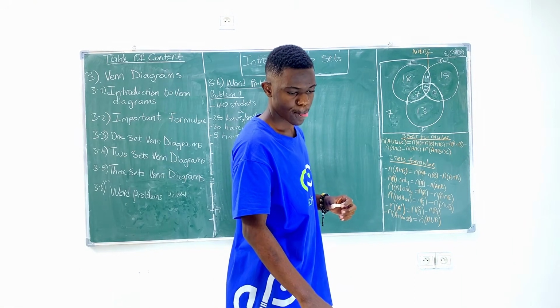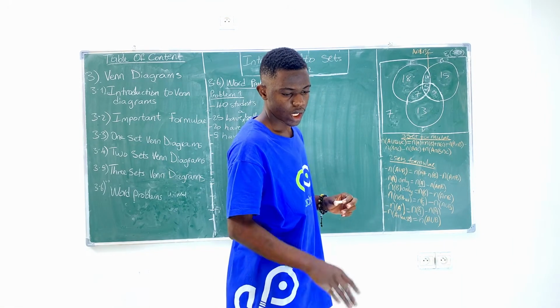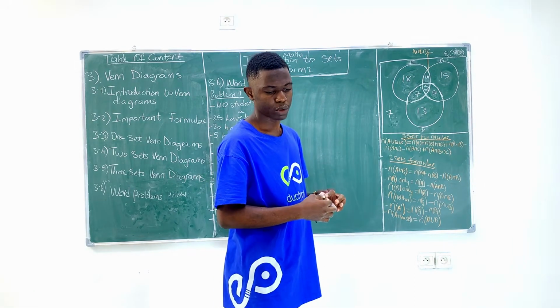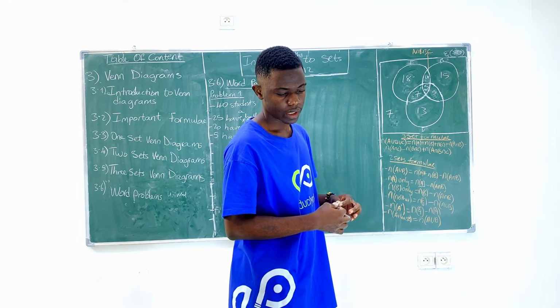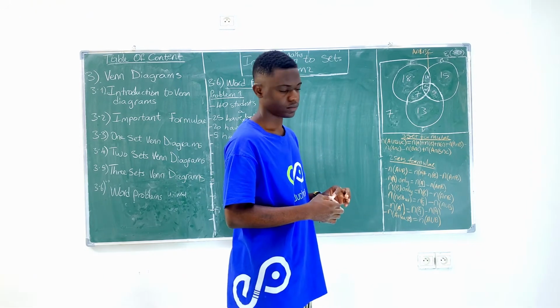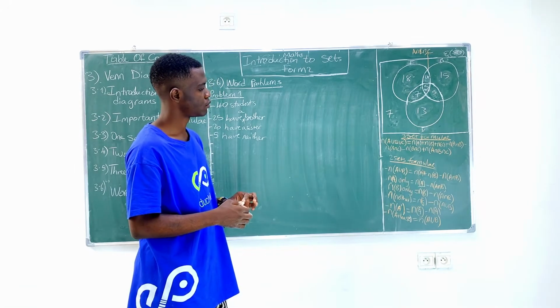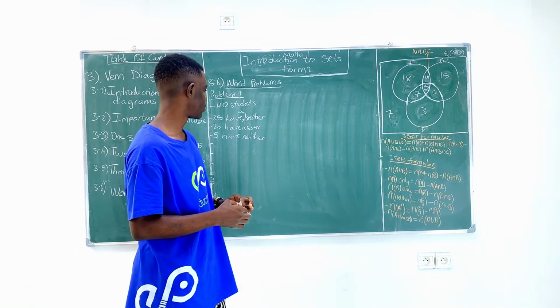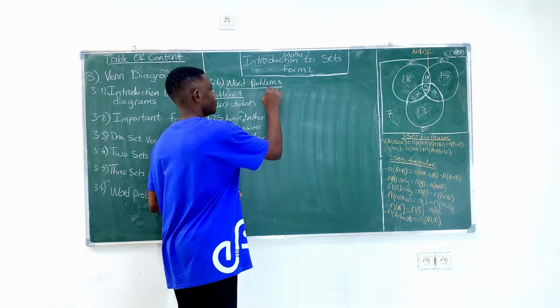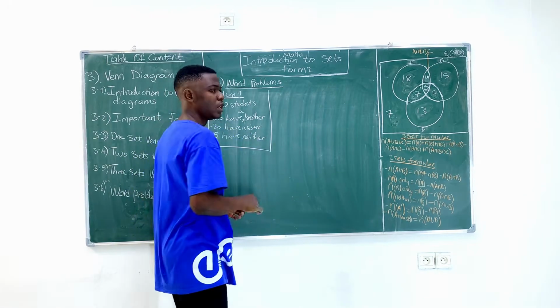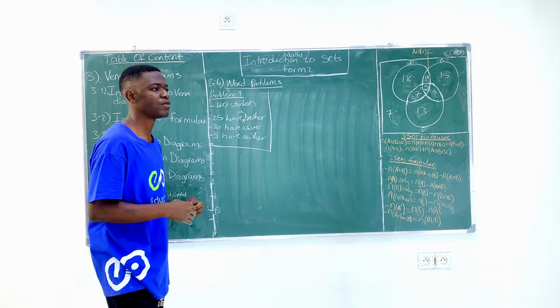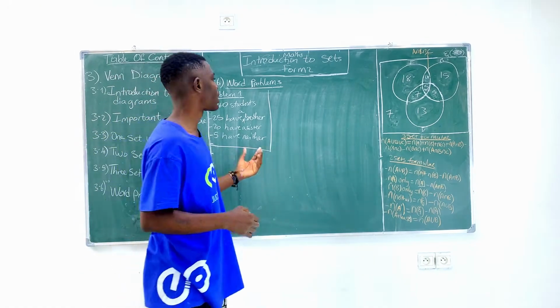The question says, how many have both a brother and a sister? You can pause the video and try to solve it by yourself, then come back and see the solution.